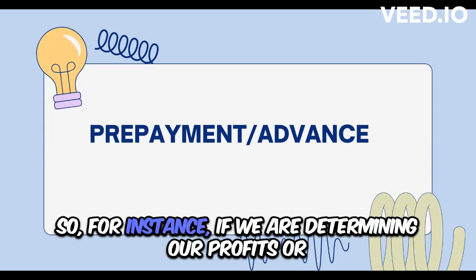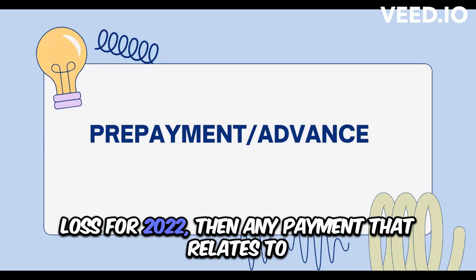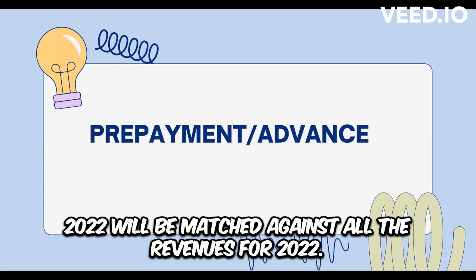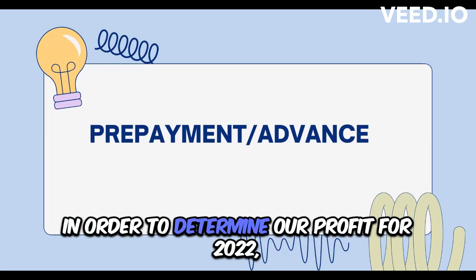So, for instance, if we are determining our profit or loss for 2022, then any payment that relates to 2022 will be matched against all the revenues for 2022 in order to determine our profit for 2022.